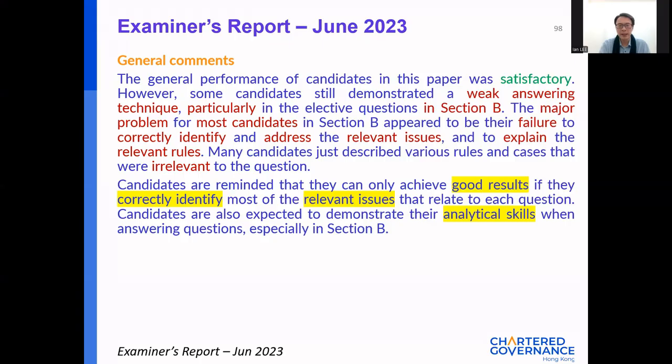Otherwise, it's very easy to end up writing a lot about many rules, many cases that are not relevant to the question, then it'll be very difficult to score any marks at all. Okay, so candidates are reminded that to achieve good results, they need to correctly identify most of the relevant issues and also demonstrate analytical skills. So that should remain the same for Section B.